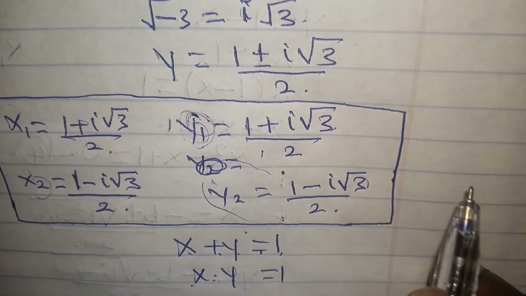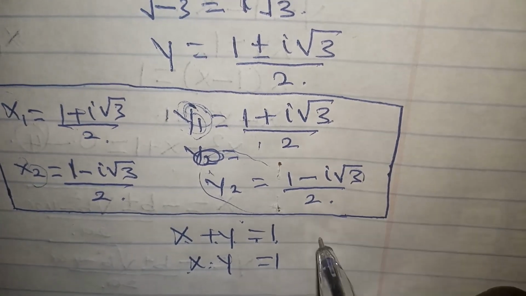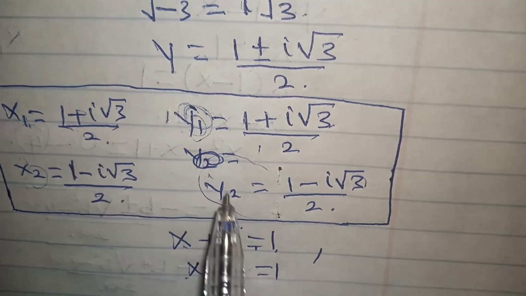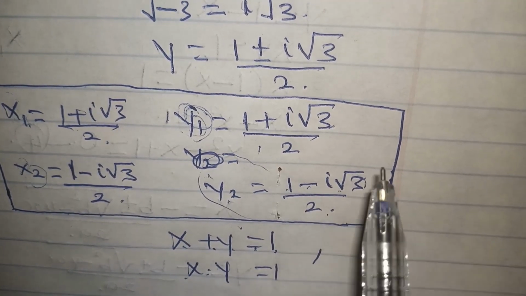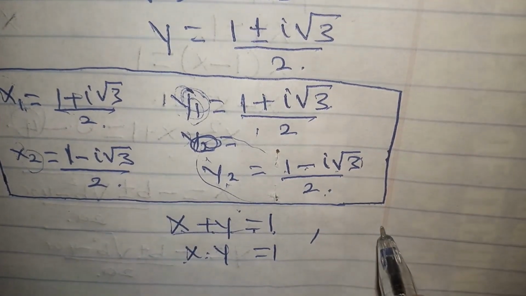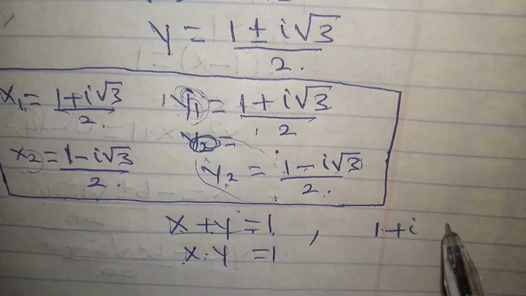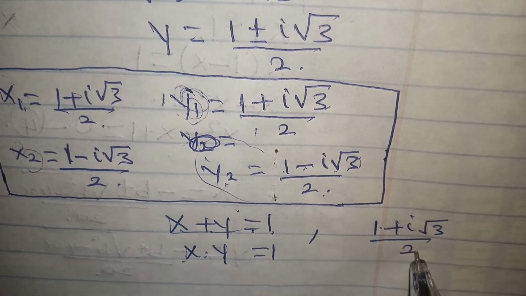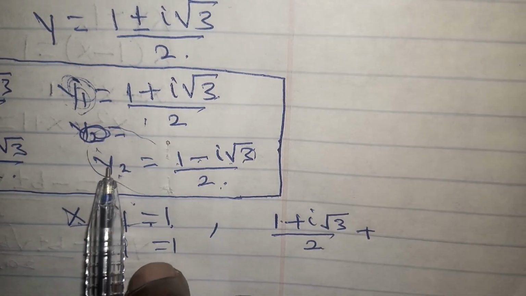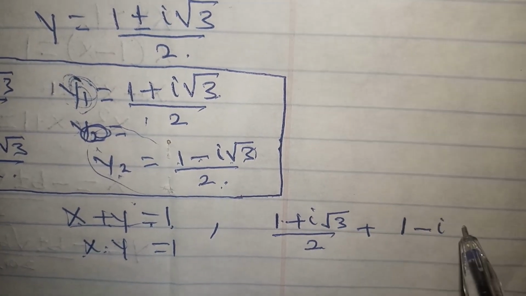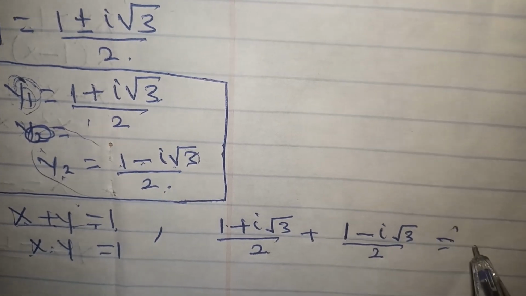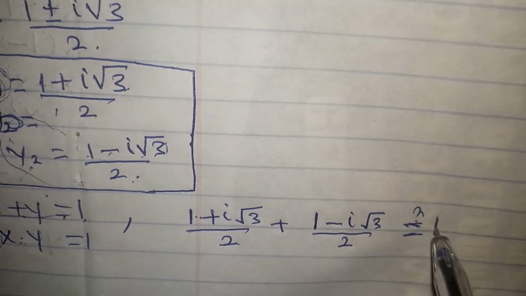So let's try the sum of x and y first. Your x1 is (1 plus i root 3) over 2, your y2 is (1 minus i root 3) over 2. So if we want to substitute these values in, we are going to swap the values. So we can say (1 plus i root 3) over 2, plus your y2, (1 minus i root 3) over 2, equals to 1.